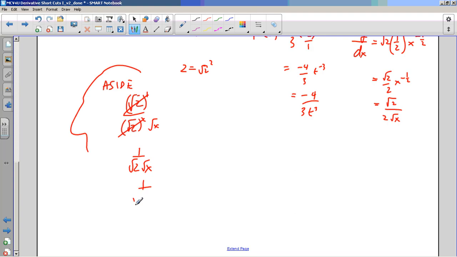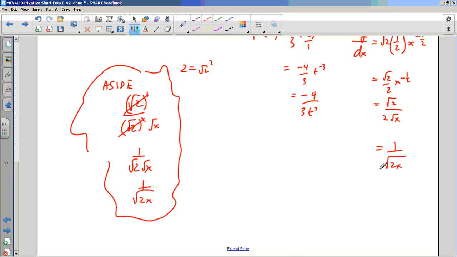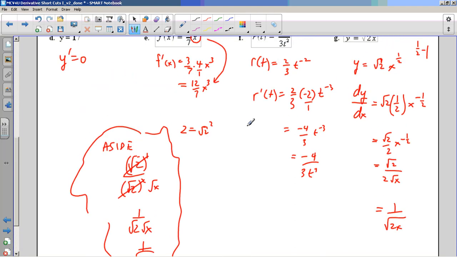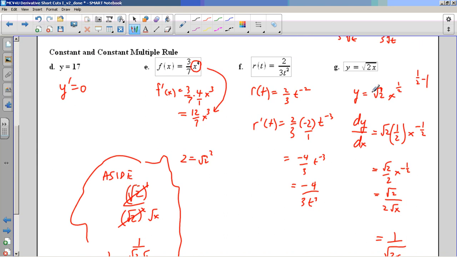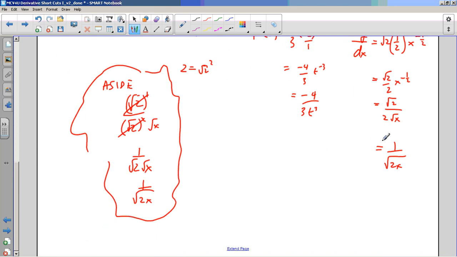Oh, hang on. Geez, that's not that bad at all. So this, through our aside here, actually turns into 1 over the square root of 2x. Wow, that's not as awful as it looked early on. Maybe there's a shortcut to our shortcut, but that's for another story. I am going to stop there and pick up the rest of the examples in part 2.